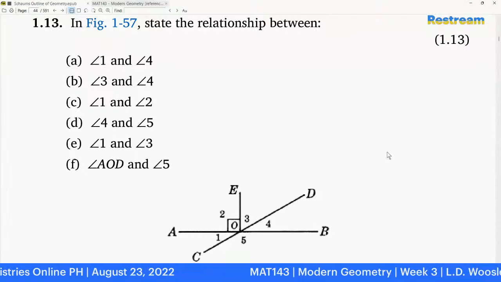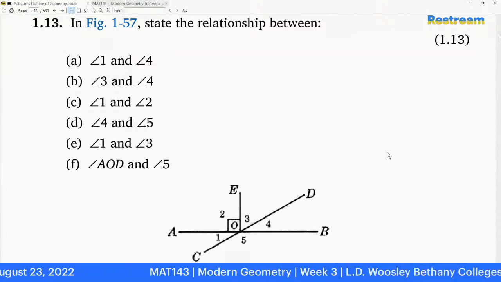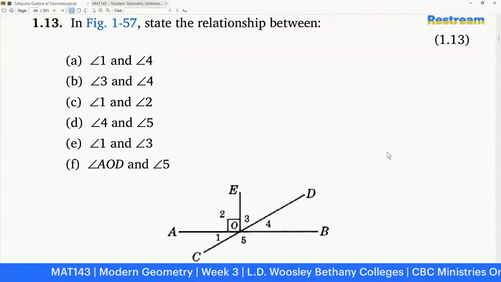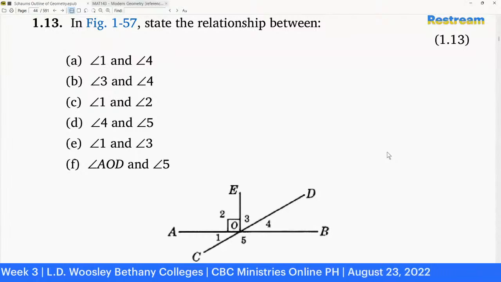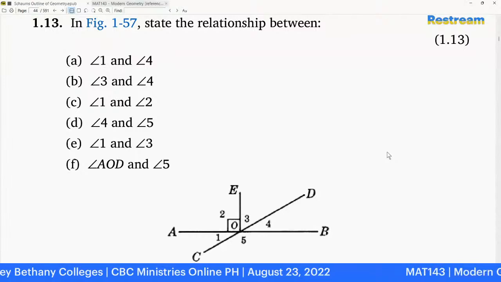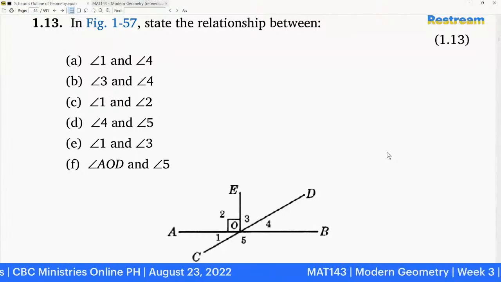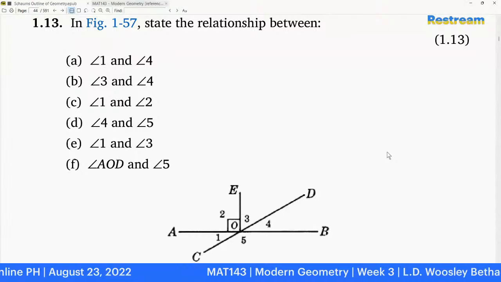Alright? Isel, for number 2, letter B, between 3 and 4.